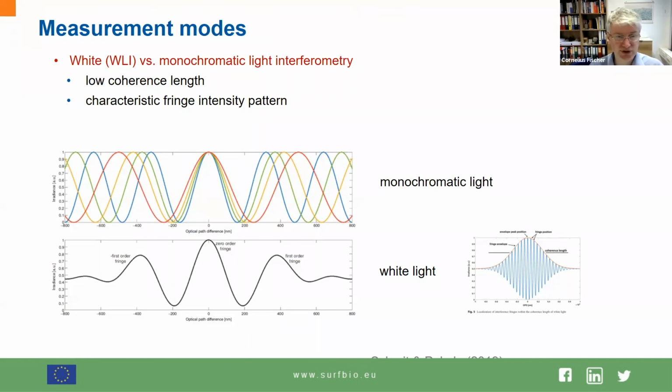That's the first order fringe, second order, and so on. And this is this envelope function that is available here. And for vertical scanning interferometry, two types of light are utilized as a function of the application that we are going to have.